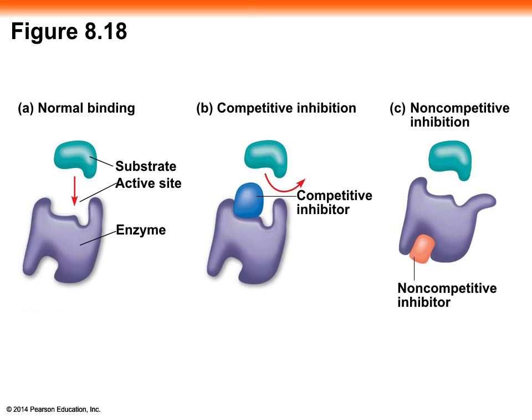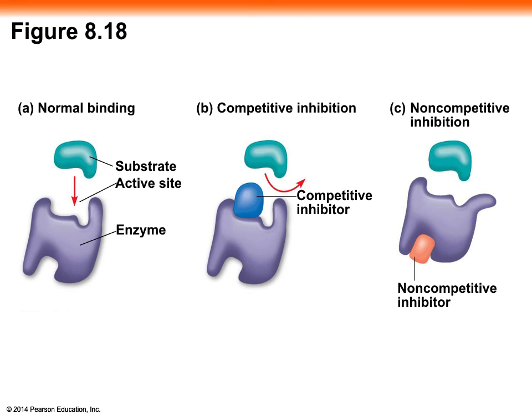But in competitive inhibition, you can have another molecule that is able to fit and block the substrate that could normally bind. This is called competitive inhibition, where you have an inhibitor that can move into place and fit into the active site of an enzyme, slowing down a particular reaction.